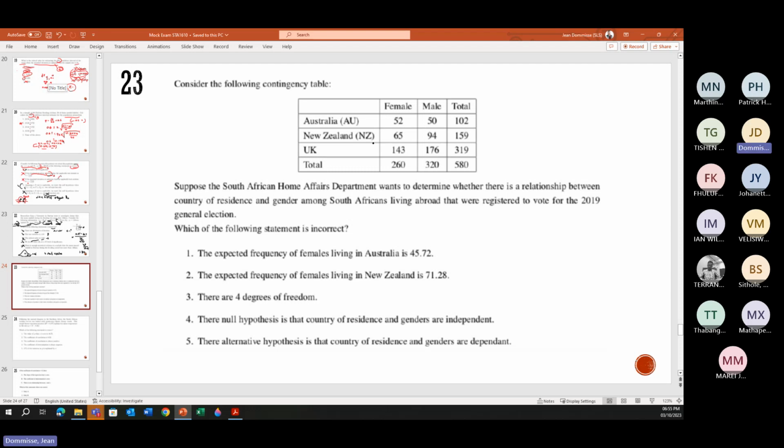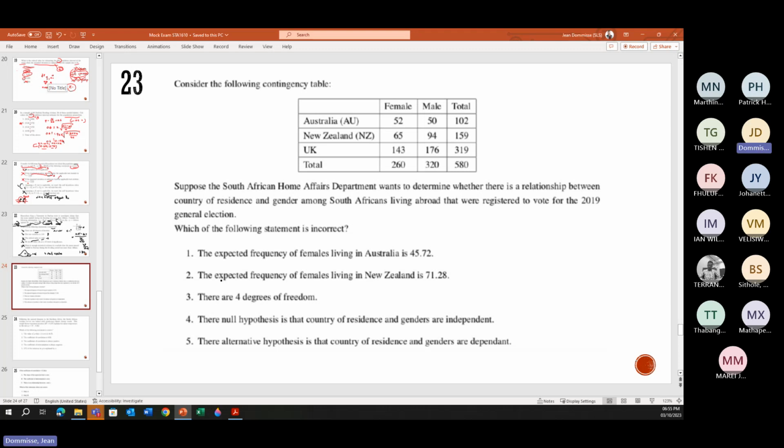This is something I think is much more likely to be included in your exam than needing to work out the critical value for the chi-square, which takes a lot of time.